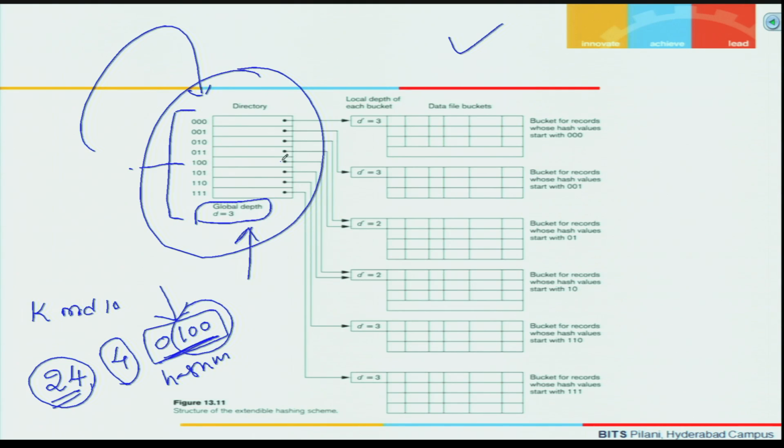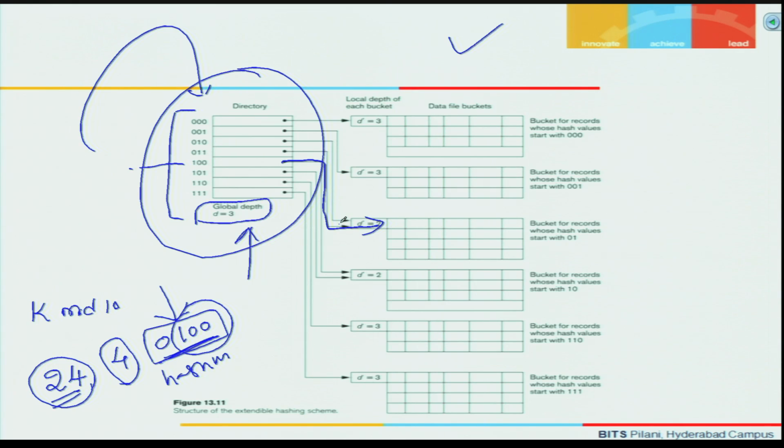I go to this location, and I have a pointer which will take me to a bucket. For the buckets also, I will have a local depth. The local depth indicates how many leading bits of the hash value need to be used for deciding upon the bucket where the record with that key value can be stored.